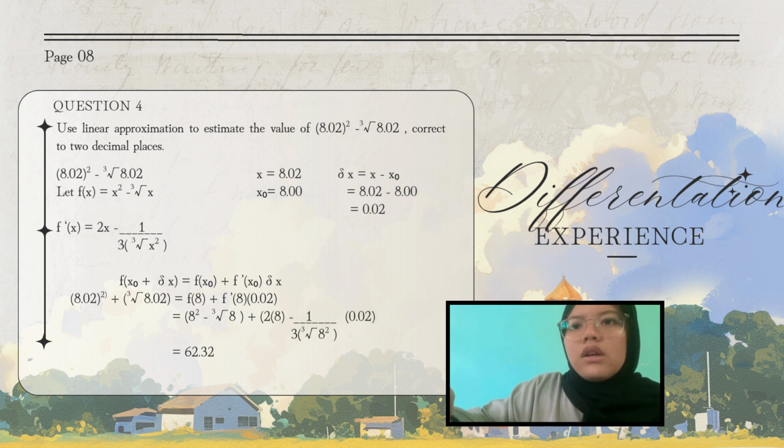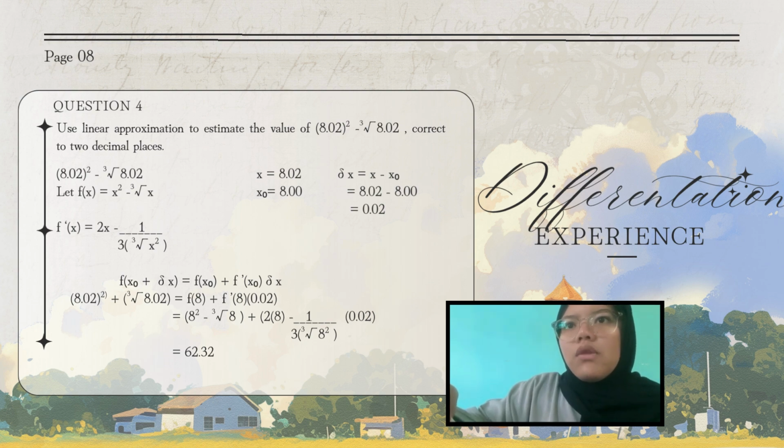By using the formula delta x equal to x minus x naught, we can insert the values. It is 8.02 minus 8. So we got 0.02. 0.02 is the delta x.